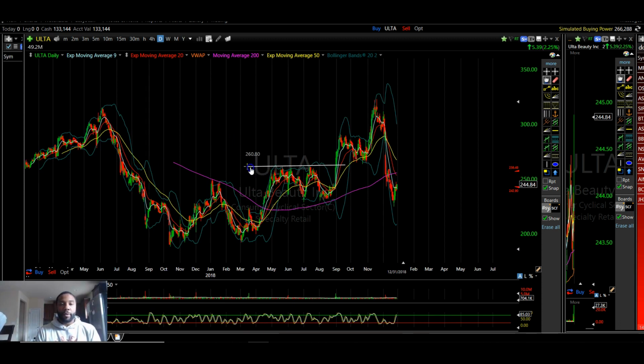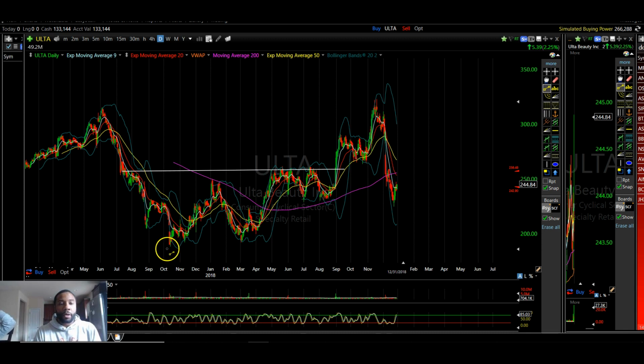Got a nice range break. So you can almost consider this thing a base breakout, right? This thing came down, came back up, couldn't reach these highs. Then came back down to that bottom, bounced off of the support area down there.